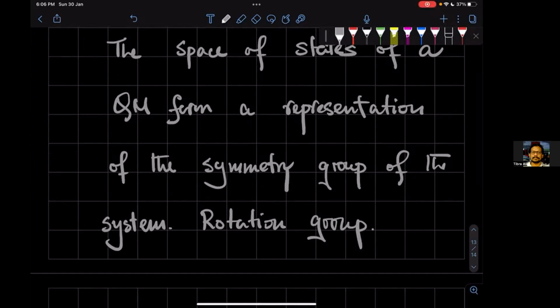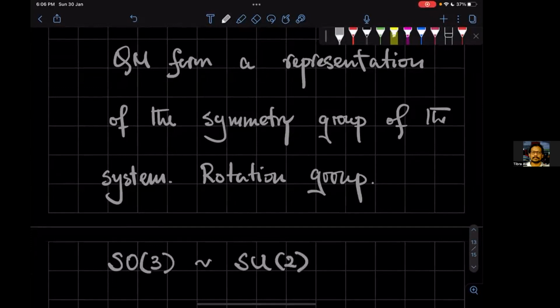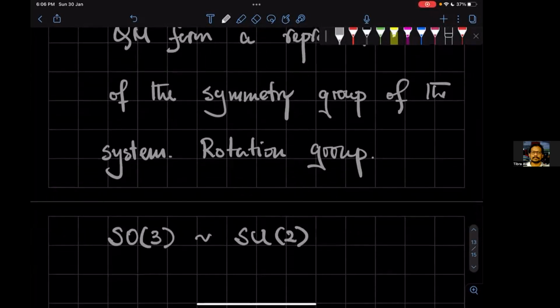This is known as isotropy of space. The rotation group in 3 dimensions is SO(3), but in quantum mechanics it's the double cover, SU(2), which we will learn about and which becomes more important.